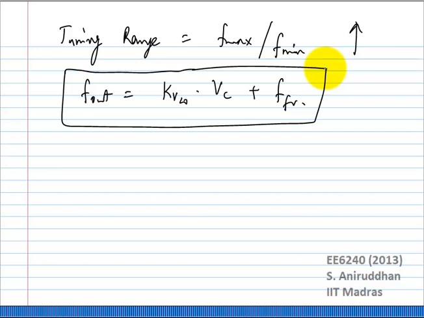Correct? So really, what defines the maximum frequency is the KVCO and the supply voltage. Supply voltage is fixed. So therefore it is just the KVCO. Okay, what is this KVCO? Change in the frequency with respect to voltage.